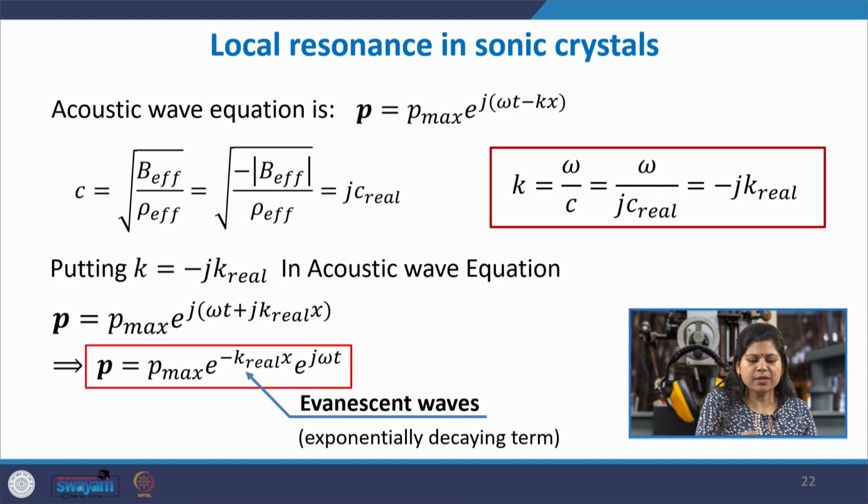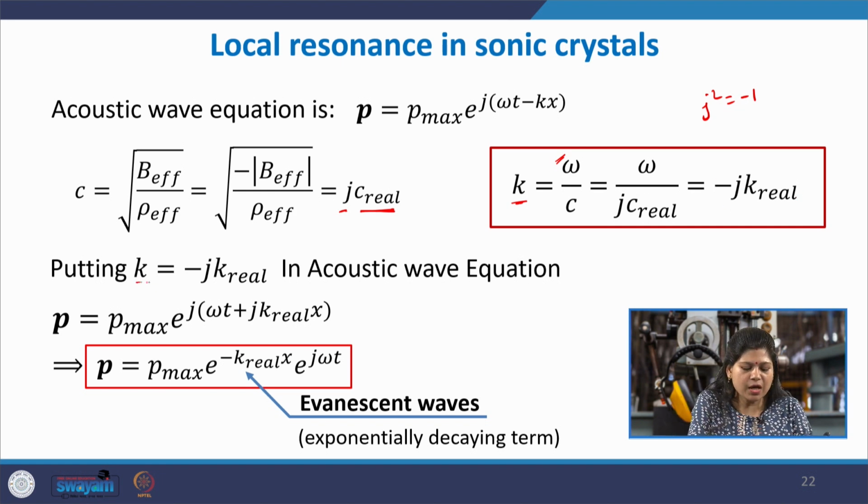Then if the bulk modulus is negative, inside the square root of the thermodynamic speed of sound we will have some negative term. This will lead to j times c real, some kind of complex speed of sound, and hence the k vector, which is omega by c, will be omega by some complex quantity, and j square is equal to minus 1. So, this will become minus j k real, again a complex quantity.